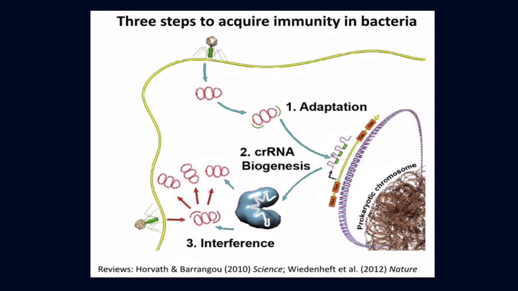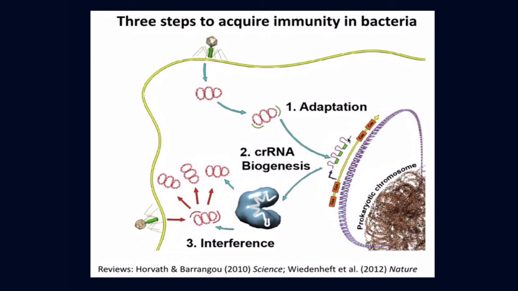So what they were actually doing is these CRISPR loci were serving, I kid you not, as an adaptive immune system for bacteria, which is not a canonical thing that bacteria do, right? No one expected or thought that bacteria had any sort of way of having an adaptive immune system.